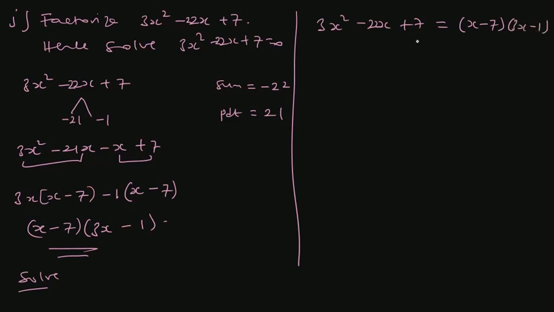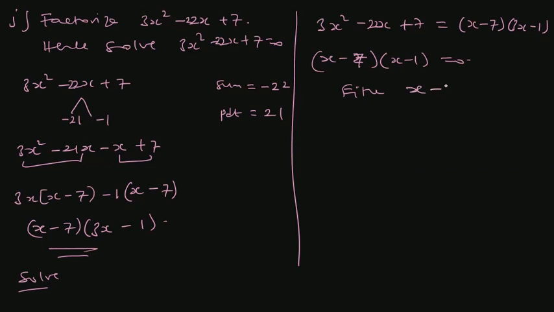But they want us to solve this equal to 0, meaning if this is equal to 0, also this one is equal to 0. So meaning we have x minus 7 into 3x minus 1 equal to 0.